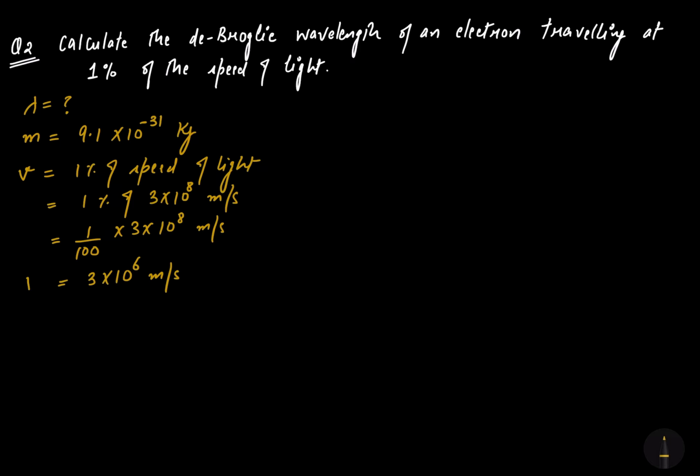So we got the velocity of the electron. What's the value of Planck's constant? It is 6.626 into 10 to the power minus 34 joules second.